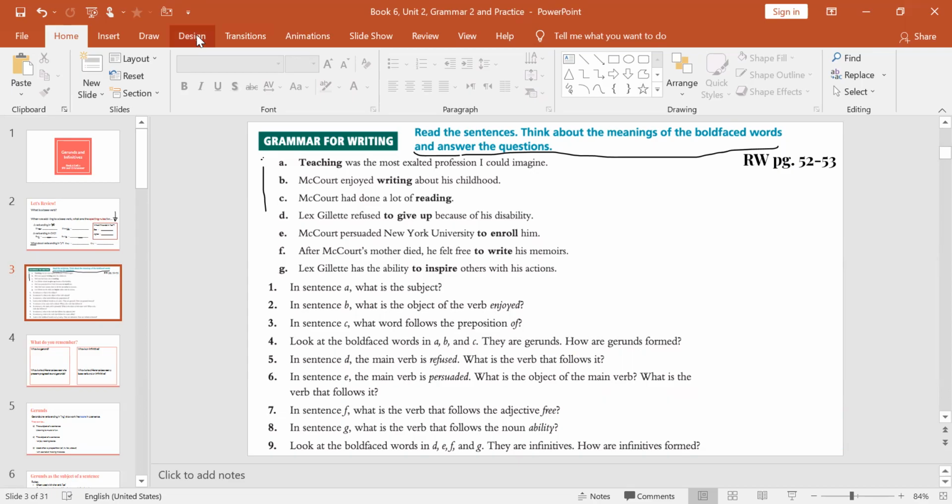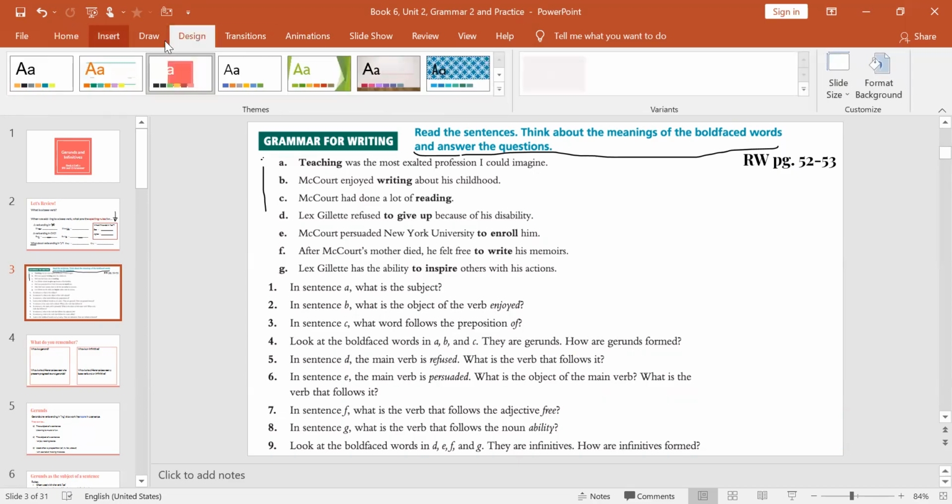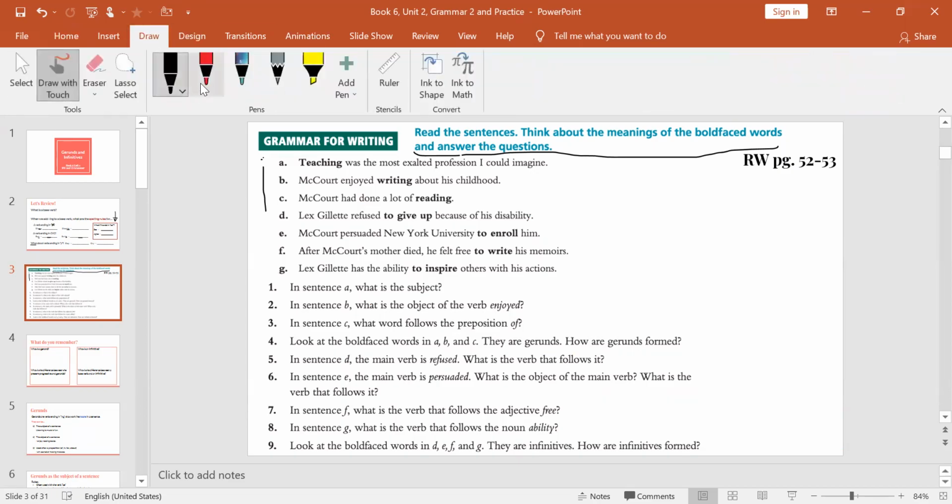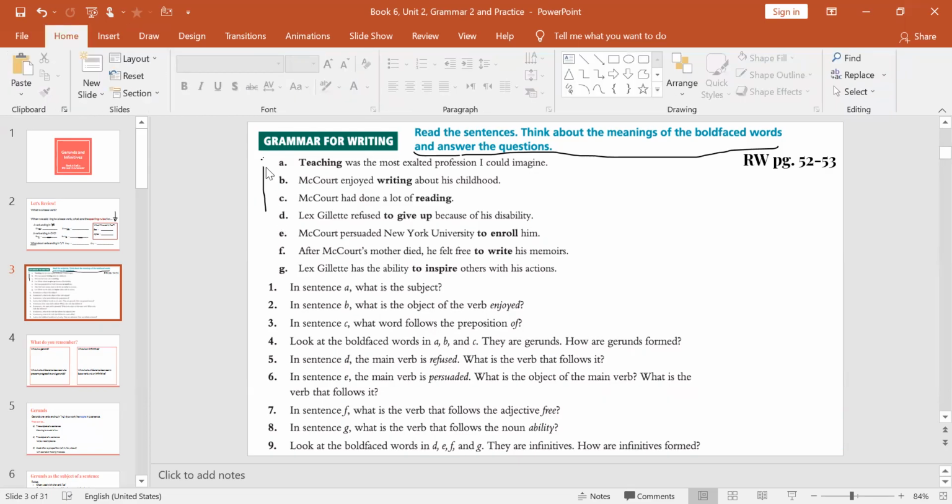So here are the sentences, and down here are the questions.